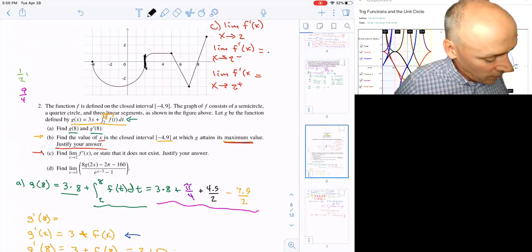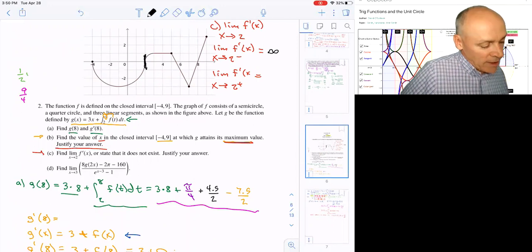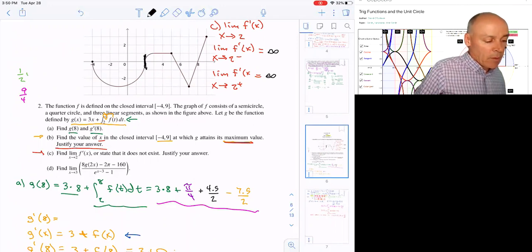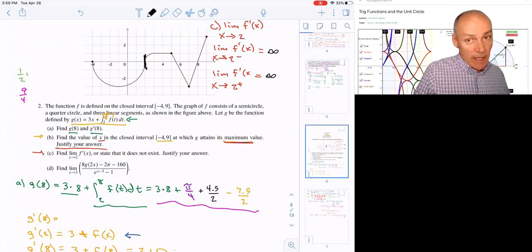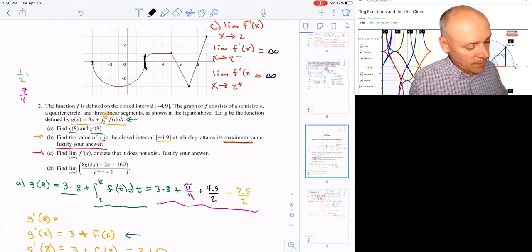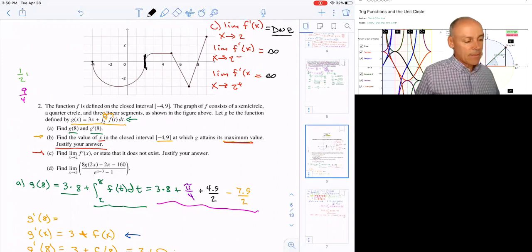So the slope of my tangent line is undefined as I approach from the left, and it's undefined as I approach from the right. Well, because those are not both positive infinity, that does not mean that my left and right hand limits are equal. That's going to mean that the limit of f prime of x as x approaches 2 does not exist.